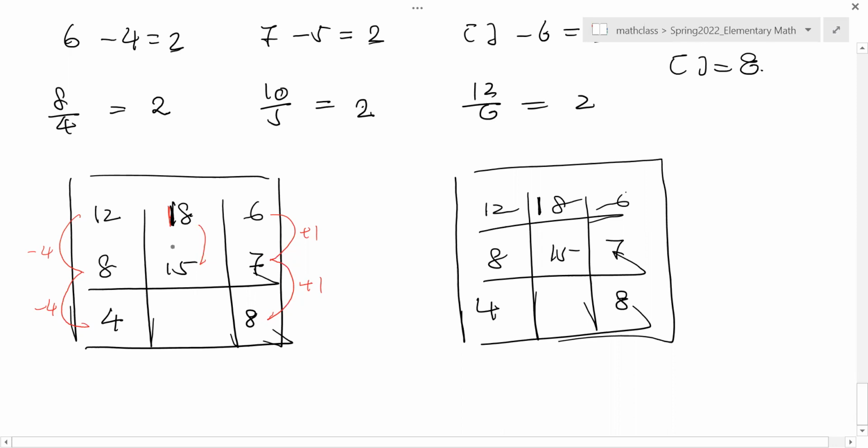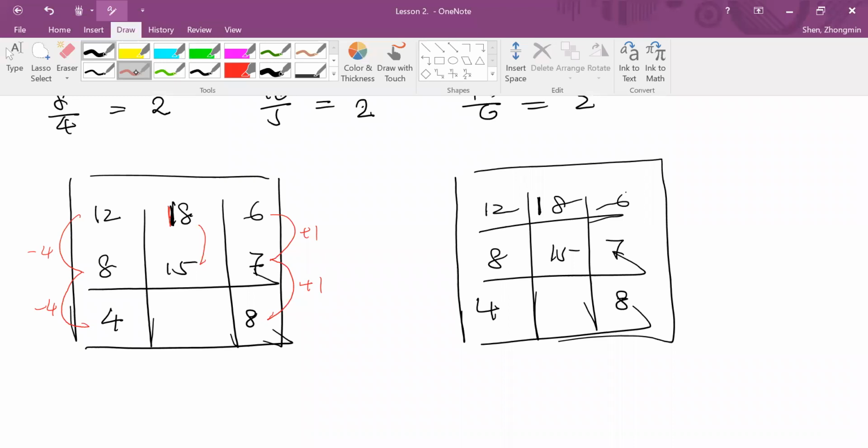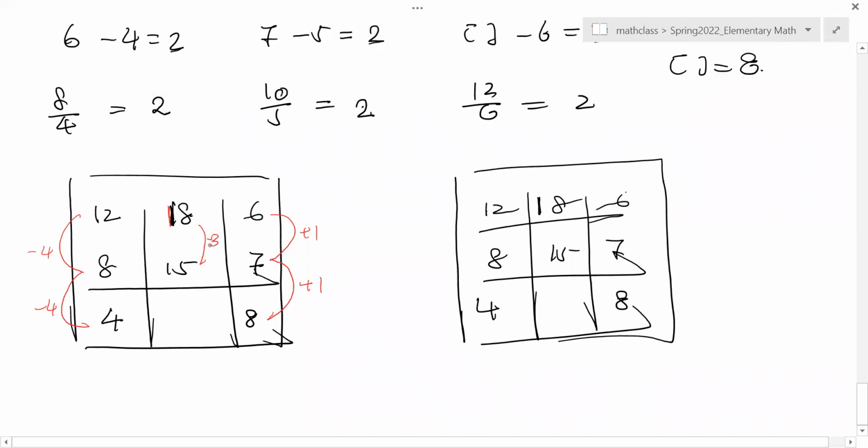So 18, 12, 15. From 18 to 15, it's actually minus 3. Subtract 3. So I guess the next number should be 12.